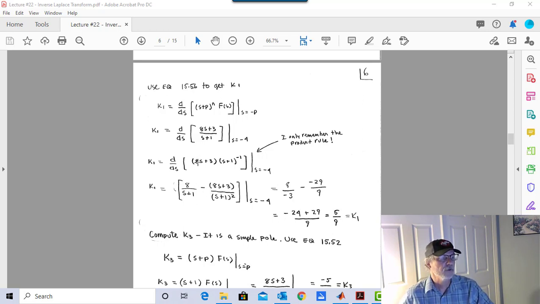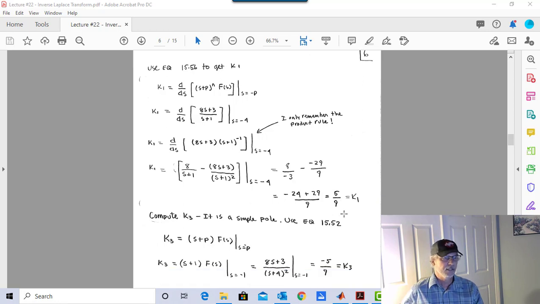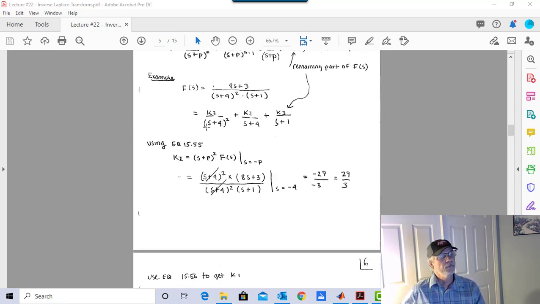And so the derivative of this is 8 divided by s plus 1, and my derivative here is going to be negative 1 over s plus 1 squared multiplied by 8s plus 3. So there's my derivative, and I'm going to evaluate that at s equals negative 4, and I get k1 is 5/9.